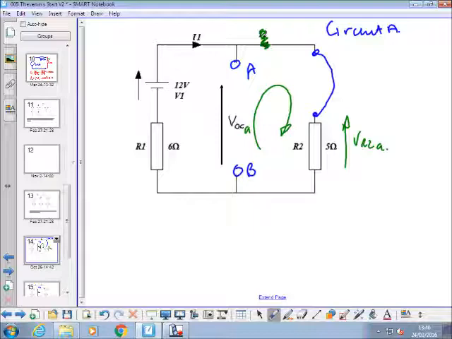How do we go about doing that? We need to find the volt drop across here, so what do we need to find? The current. How can we do that? I is equal to V1 over the total resistance.